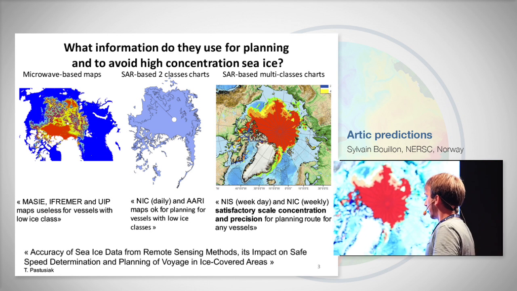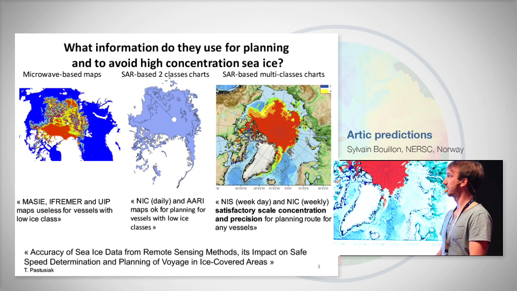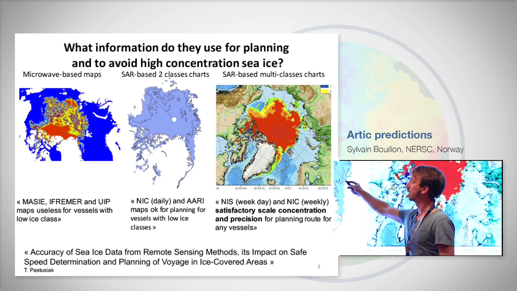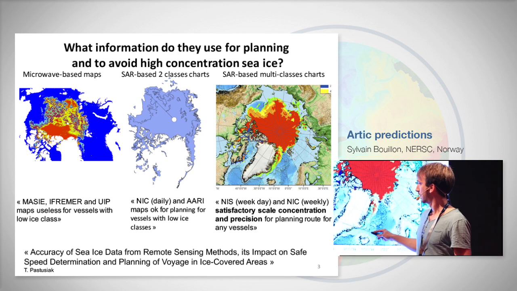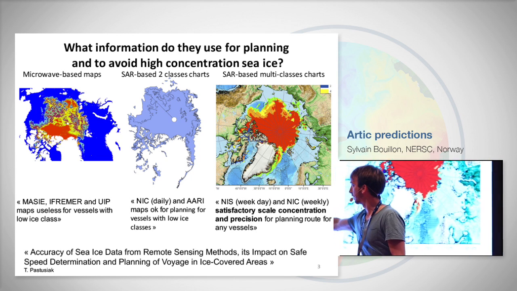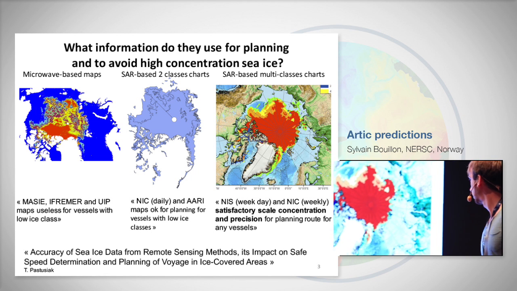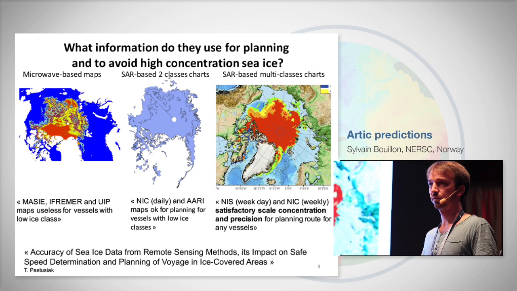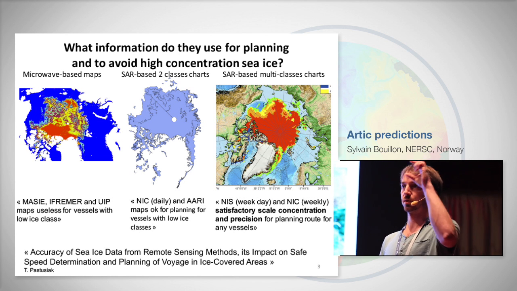It's based on many different satellite products, but it also includes SAR information. That's why they can see much more sea ice than in this type of product. And then there are also multi-class ice charts that give you much more precise information for different categories.